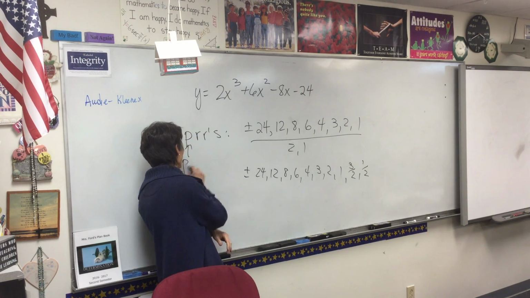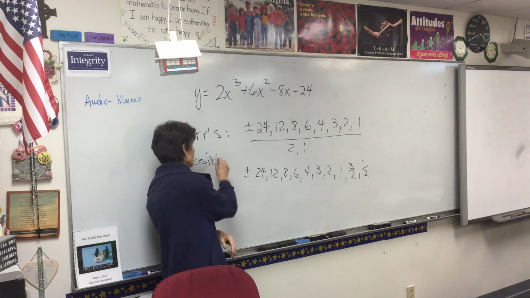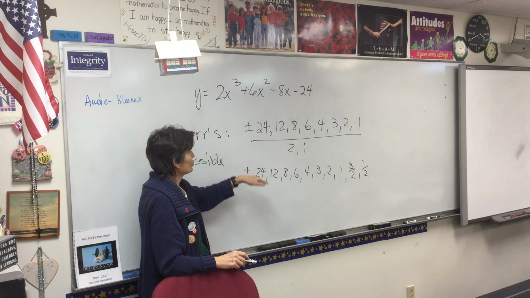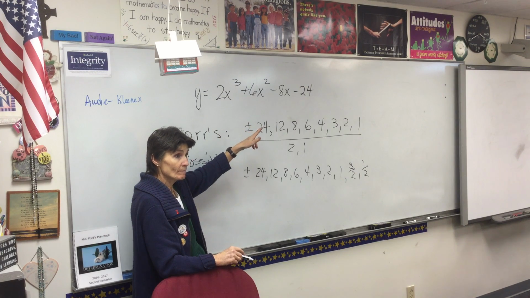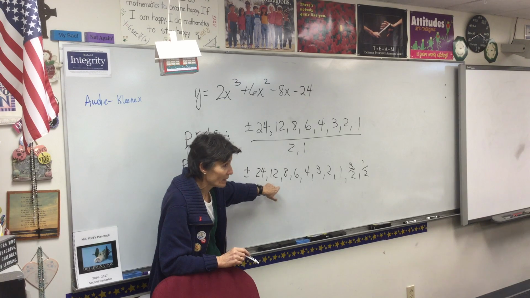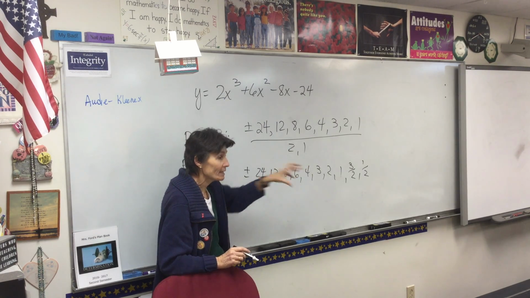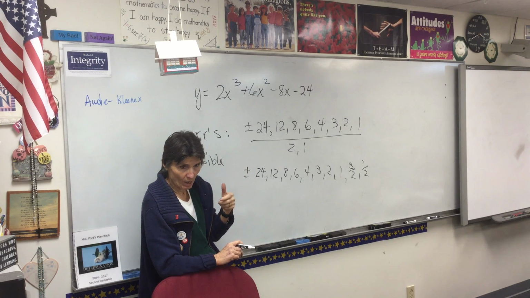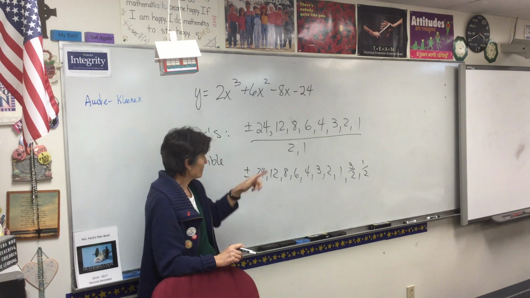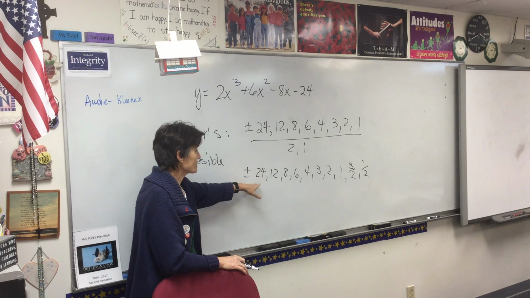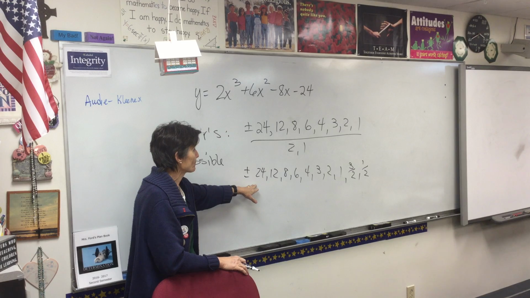These are the possible rational roots. So if you want to use synthetic division, this is the list that you would pick from. When you pick a number and divide it out and hope that you get 0, remember that? It's a very big list, but this is the list of numbers you choose from.